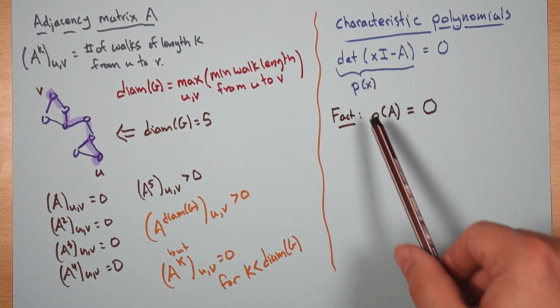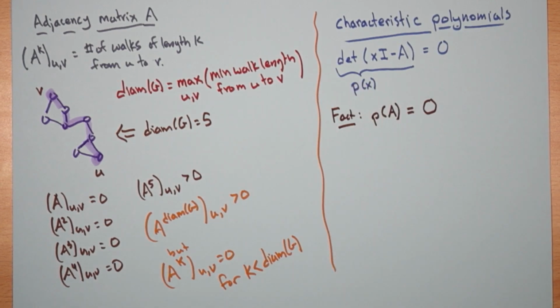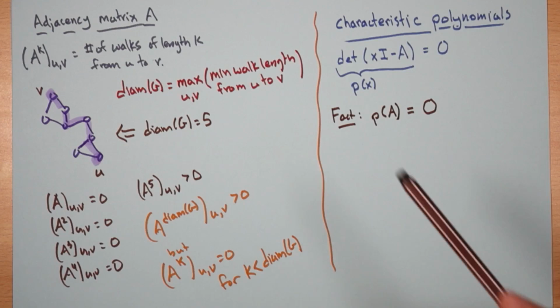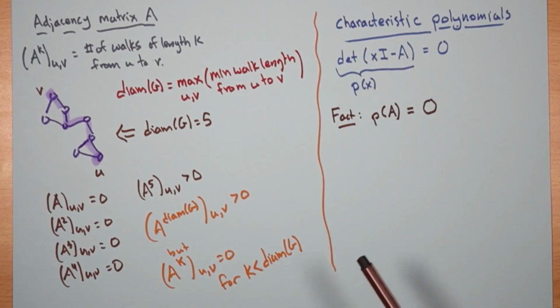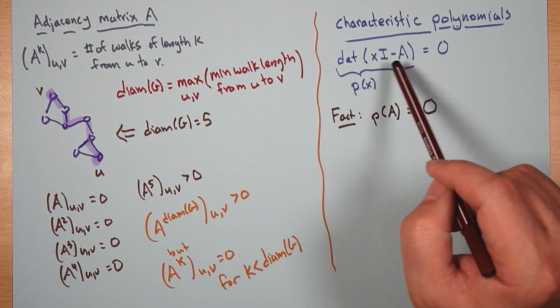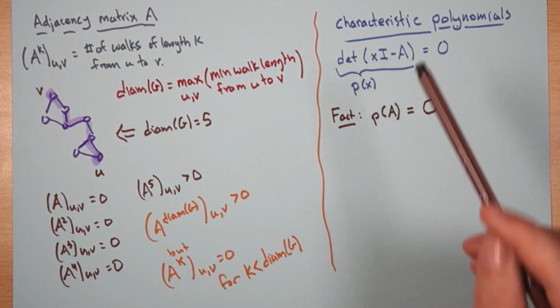So when you plug the adjacency matrix into this characteristic polynomial, you get 0. Now, of course, the non-proof, because the non-proof is really easy to give, is you say, oh, yeah, that's determinant of A minus A, and determinant of A minus A is the determinant of the zero matrix, which is 0, right? Right?